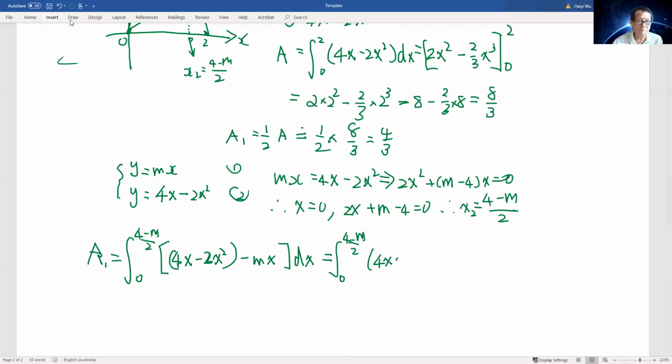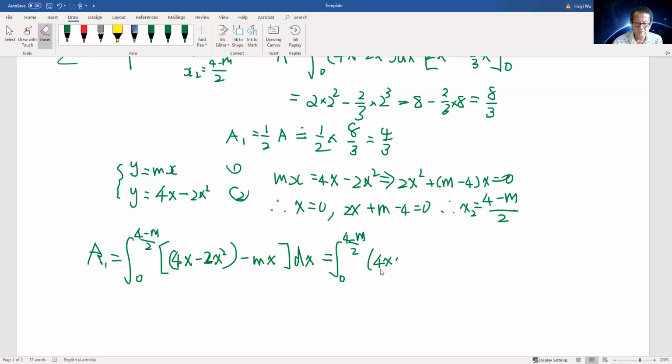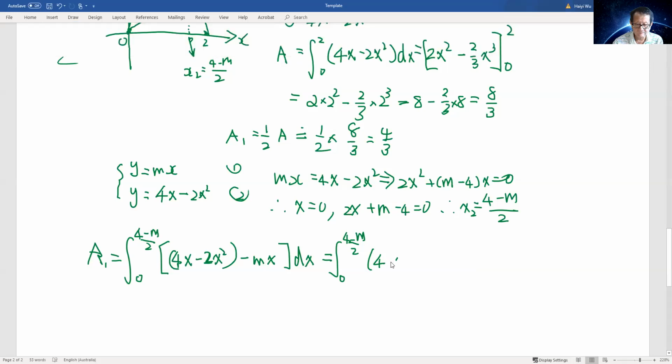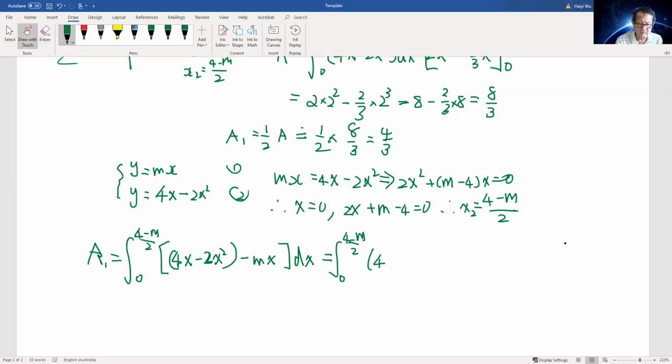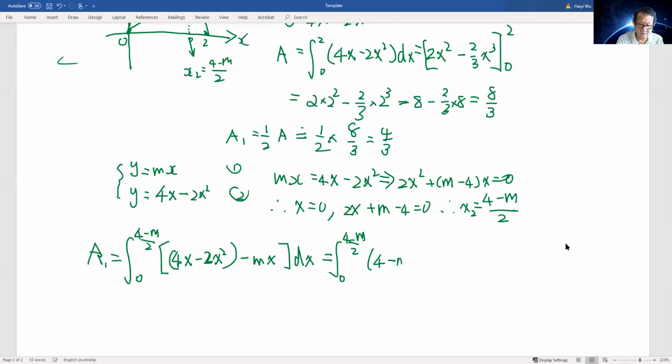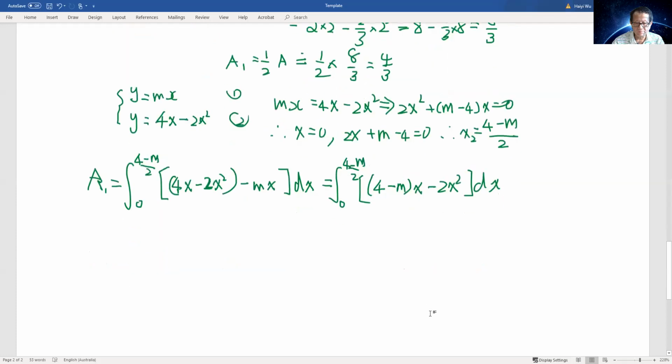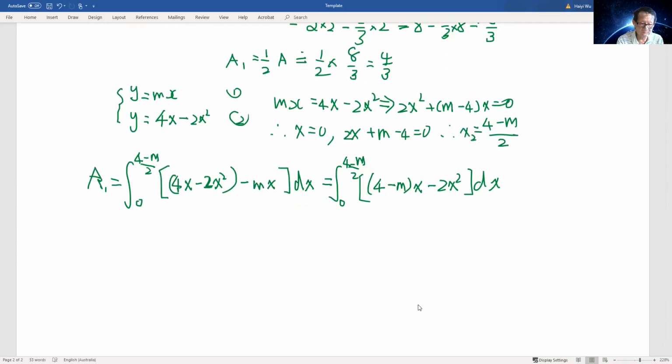I'm going to isolate, collect those two like terms together. So we have (4 minus m)x and then minus 2x squared. Simplifying the bracket, now we integrate.